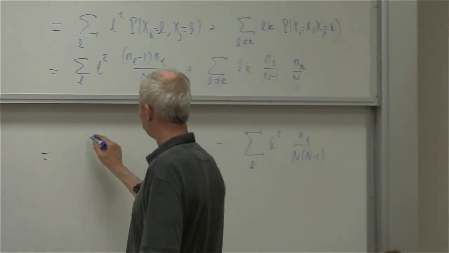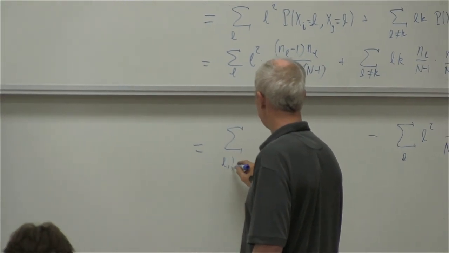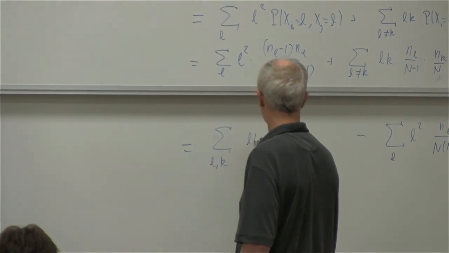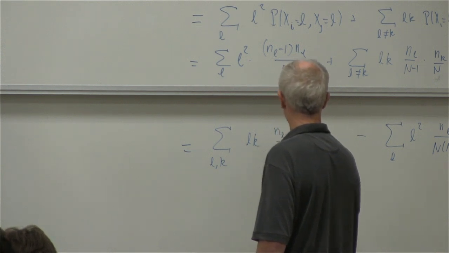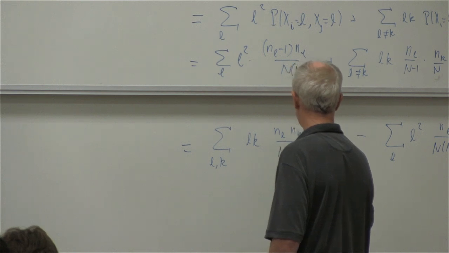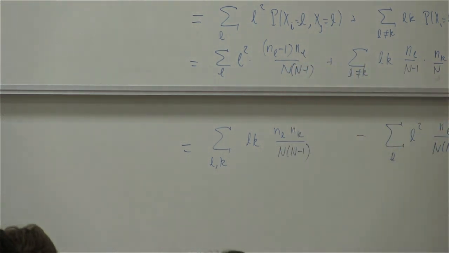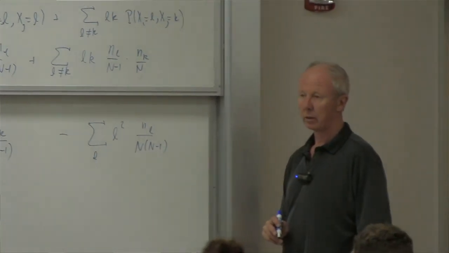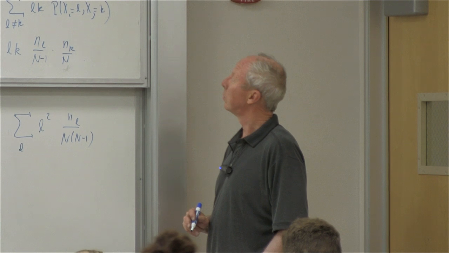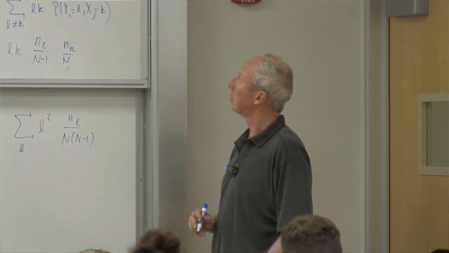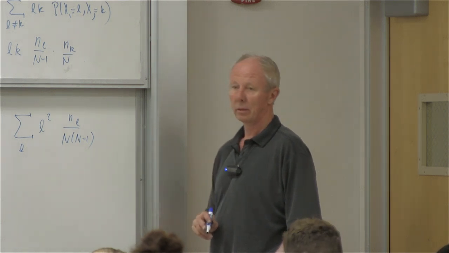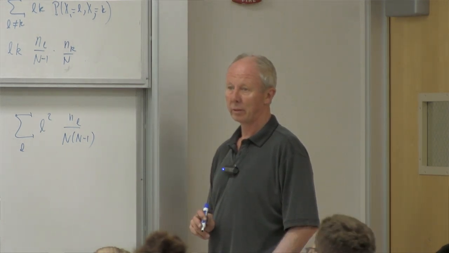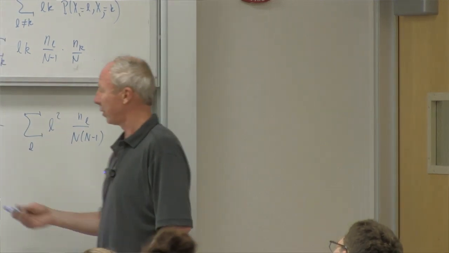And then over here, I had the sum over L and K, Lk, NL, NK over N times N minus 1.